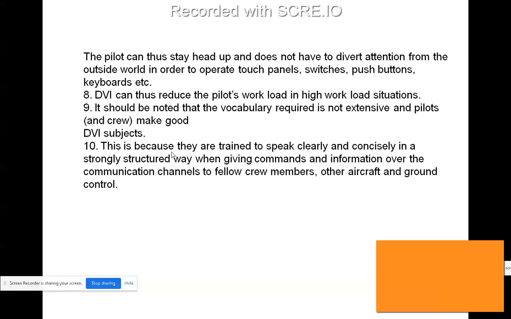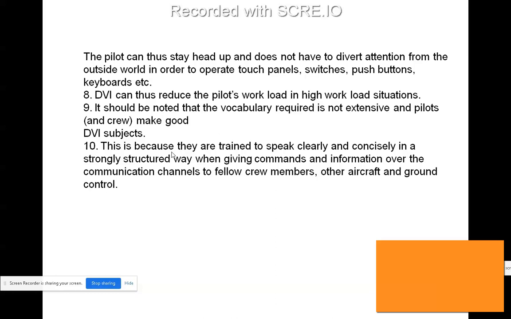It should be noted that the vocabulary required is not extensive, and pilots or crew make good DVI subjects. So the vocabulary used here is not so complex. This is because they try to speak clearly and concisely, in a strongly structured way, when giving commands and information over the communication channel to fellow crew members, other aircraft and ground control.